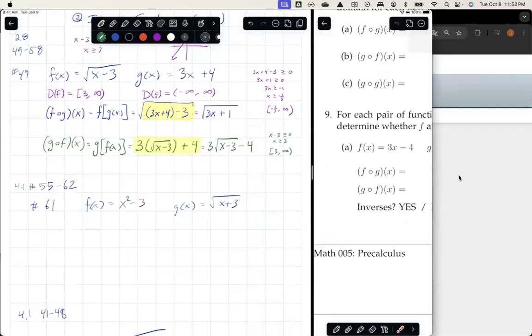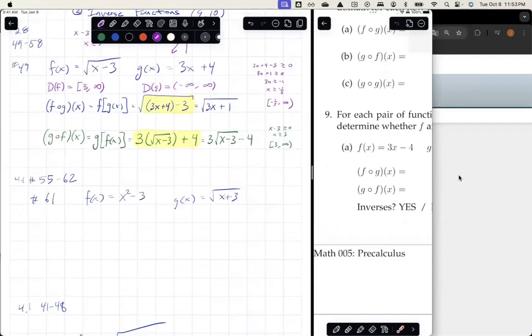So to determine whether two functions are inverses of each other, we just need to do function composition. It turns out that if you compose a function f with its inverse, which has the notation f with a little -1 as a superscript, if you compose two functions and they are inverses of each other, then the result is going to be just x.